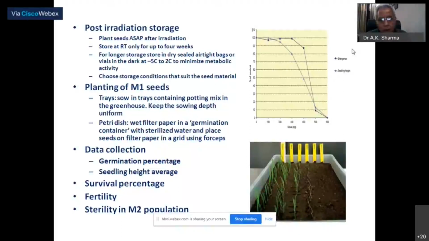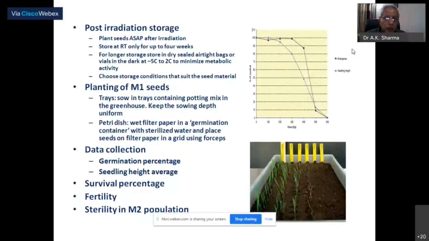Once you grow them, this M1 will give further seeds which are collected, and these seeds are again sown. Then you look at how many of them showed fertile behavior, that means they could multiply, and which others were sterile, which didn't have the multiplication ability.